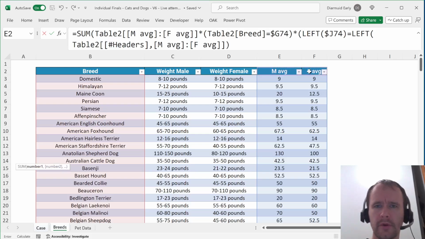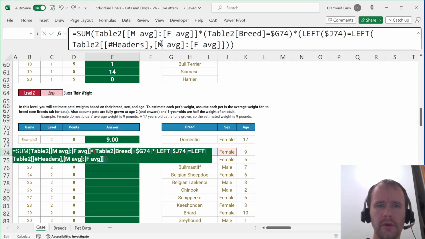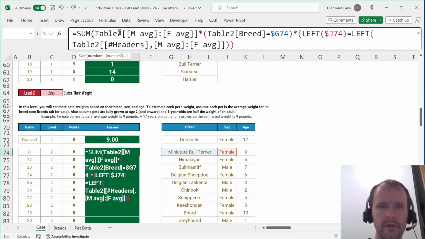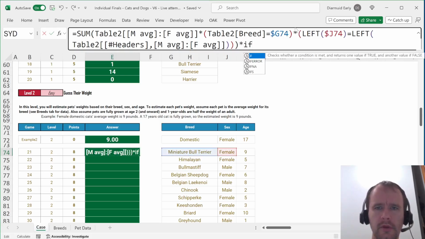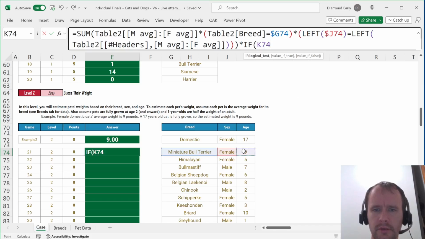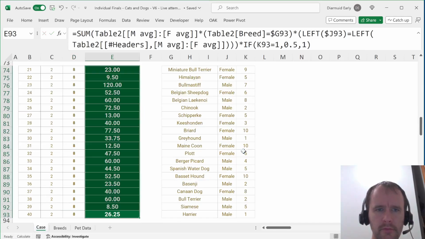I think that would all work. Okay, where are my brackets? Come on, help. Okay, so open, close there, open, close there. Okay, I'm missing just a closing bracket. Yes, yes, fine. So that's 23, and then times if this equals 1, then 0.5, otherwise 1. So I can do 23, that's 9, okay. That's working.